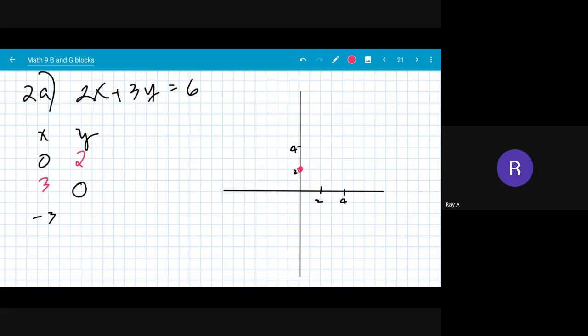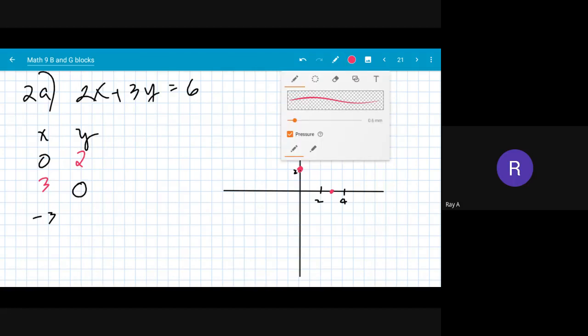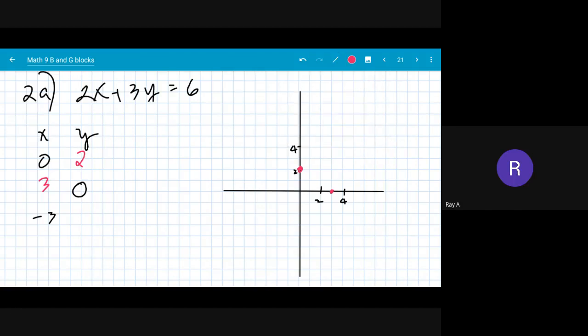That is x has a value of 3, y is 0 right here. And then we're going to be connecting those two, sort of like this. Again, it's not a perfect graph, but more or less that is how it's going to look like. All right, so that is number 2A.